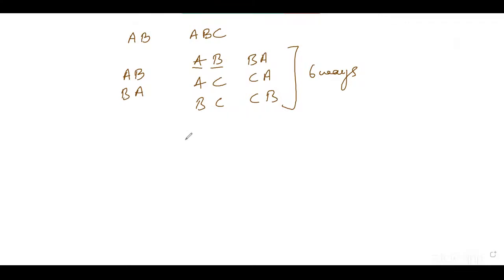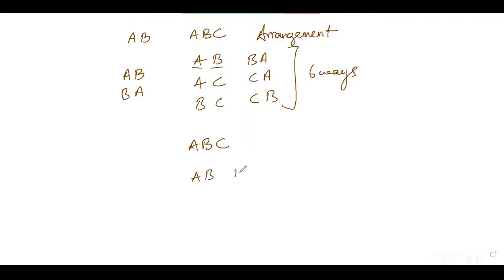That was arrangement. Now let's say you want to select. From 3 letters A, B, C, you want to select 2 letters. So now you'll have AB.